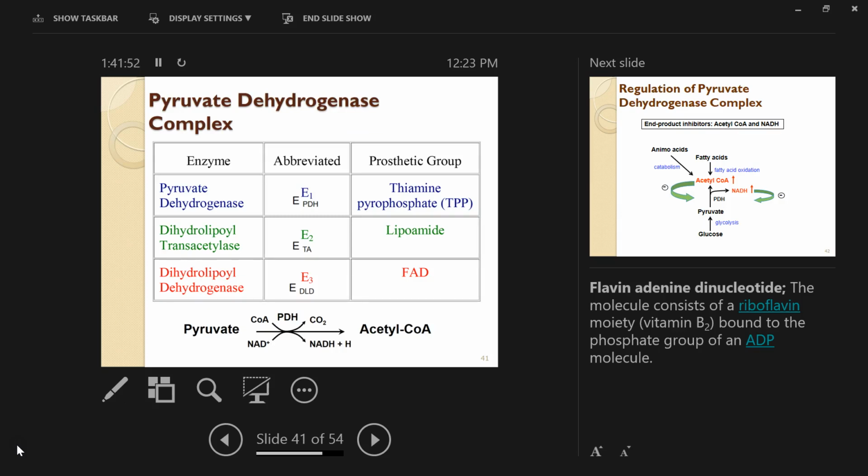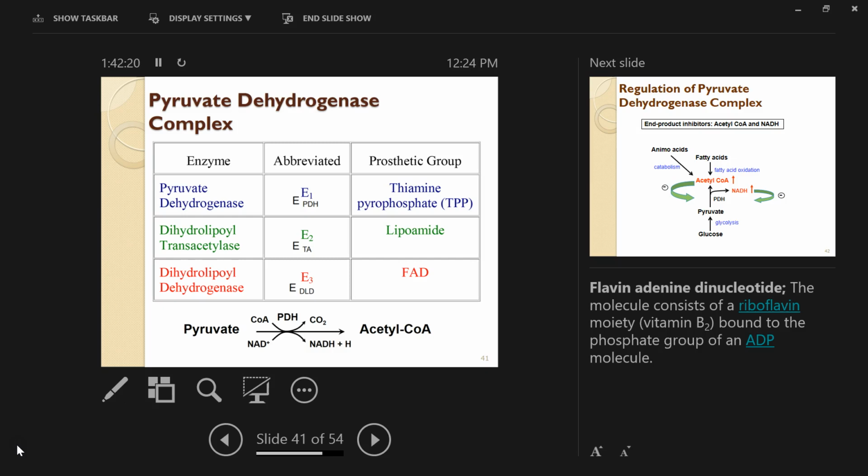And the pyruvate dehydrogenase complex, you just need to know, is an enzyme complex composed of three different enzymes, and it also has some prosthetic groups involved in the regulation of enzyme activity.